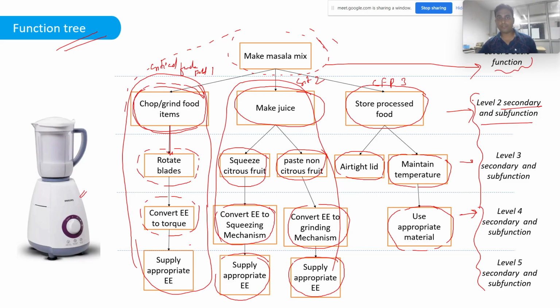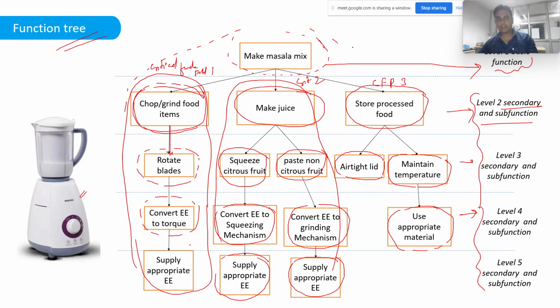The other is the FAST method, which is used for new product design. For both techniques, we generate a functional tree at the end, and from here we go forward to conceptual design.